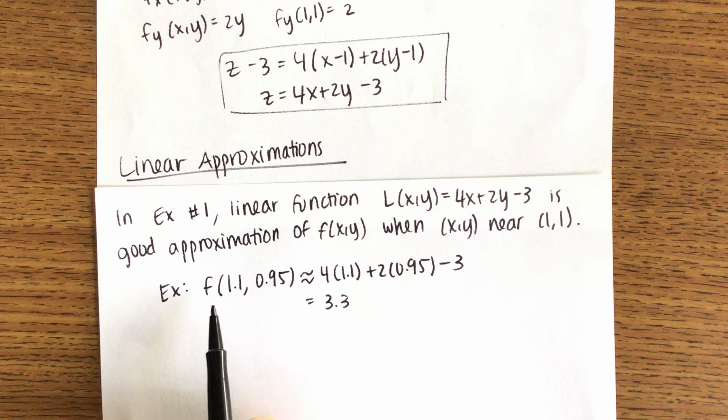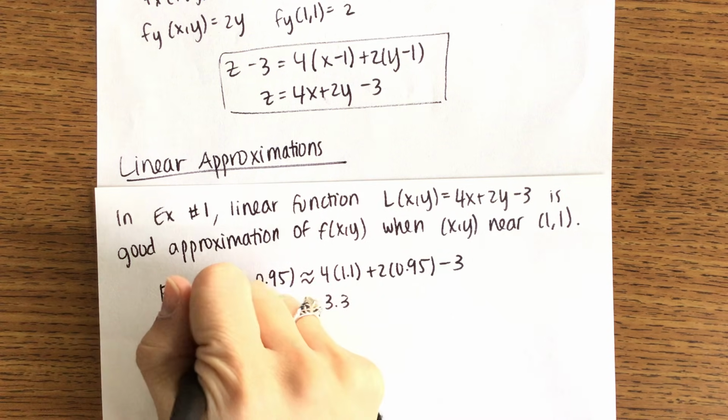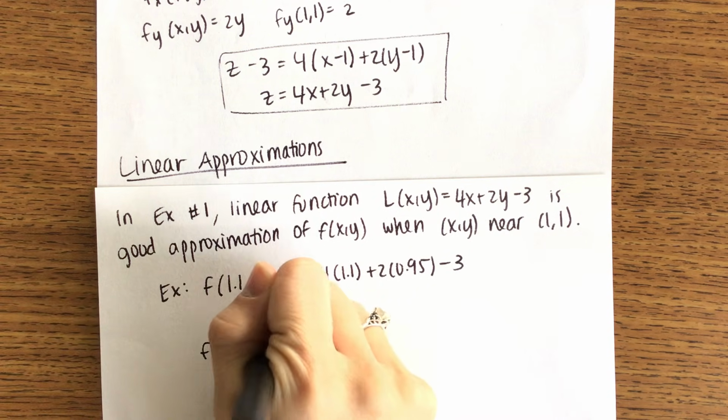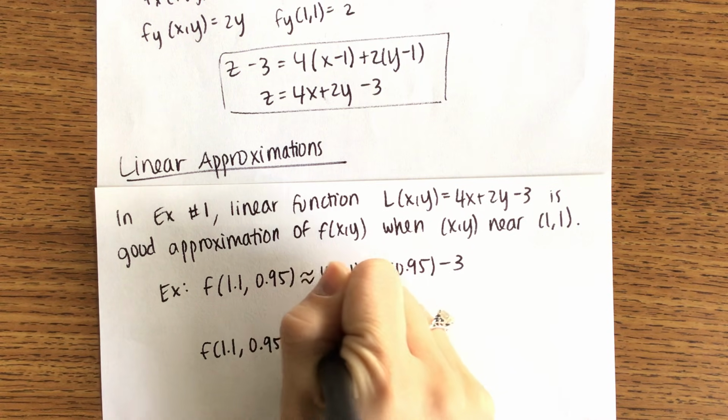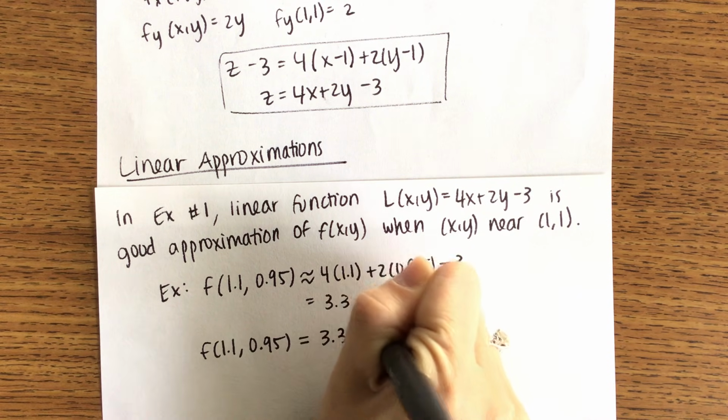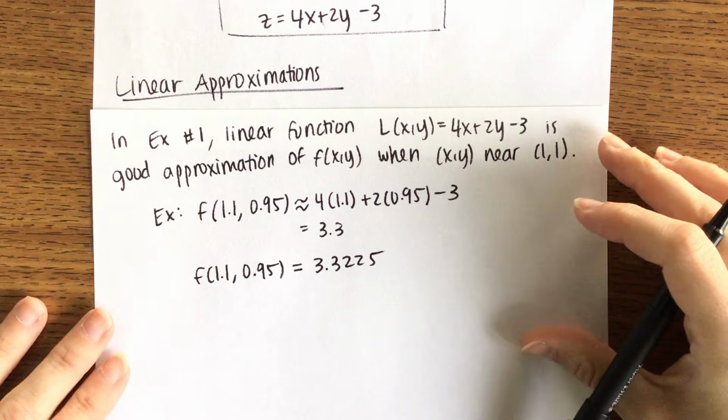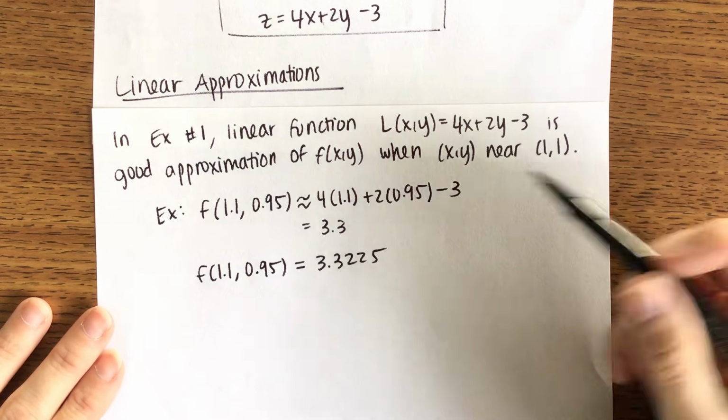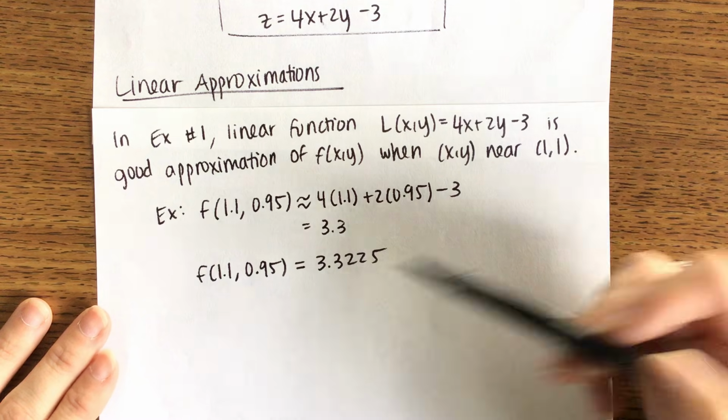So we're going to guess that the z value when x is 1.1 and y is 0.95 is about 3.3. If you actually plug that in to the original function you were given, you get 3.3225. So we can see that our approximation is pretty close to the true value.